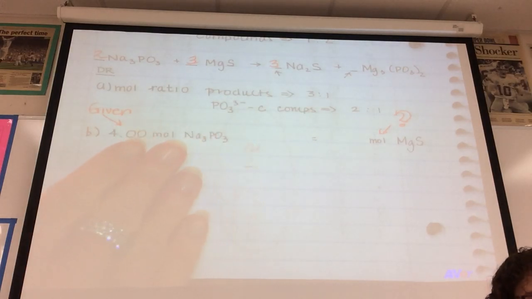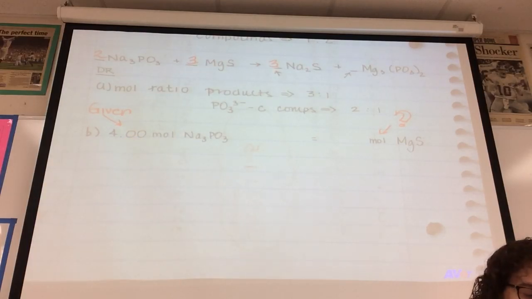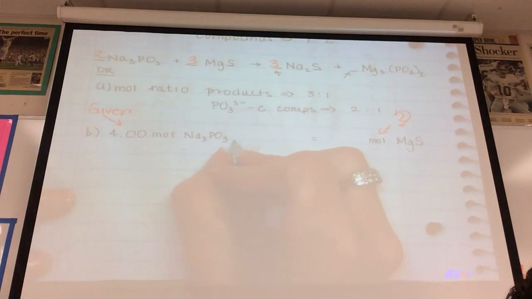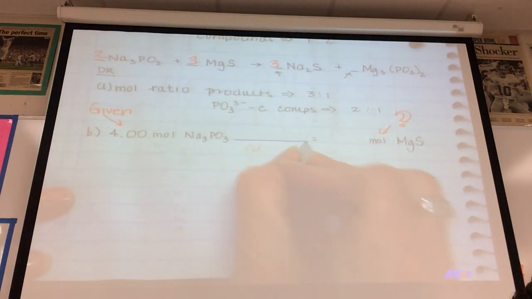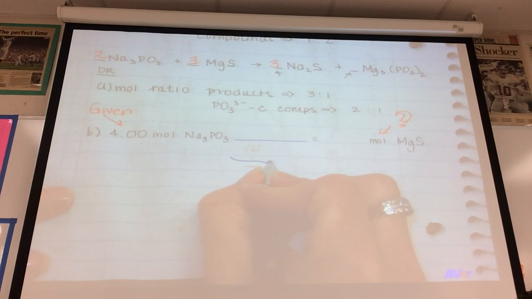If you're ever given moles and you're going to a different substance, your first step will always, always, always be the mole ratio from the balanced equation. So this is going to be my mole ratio.